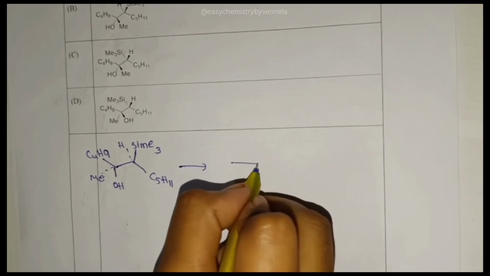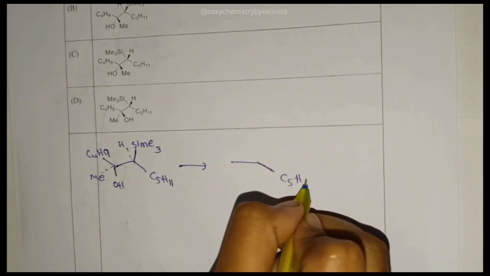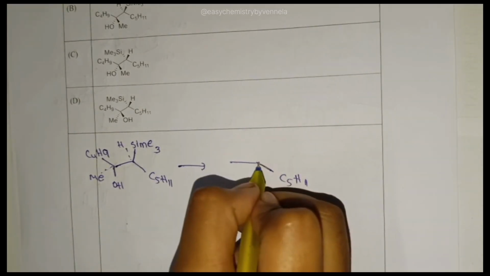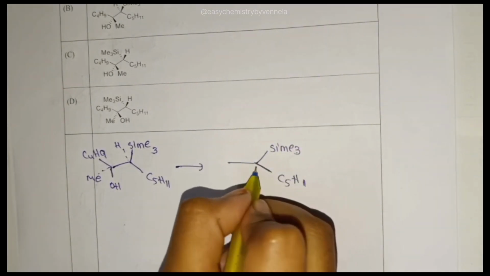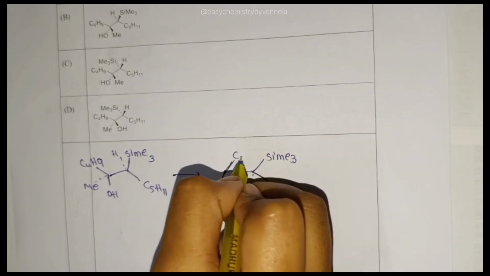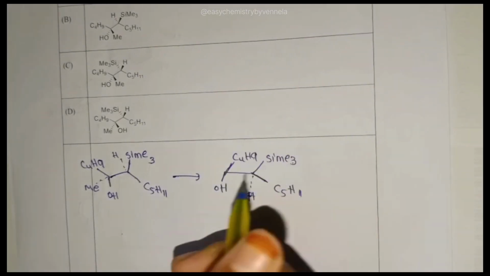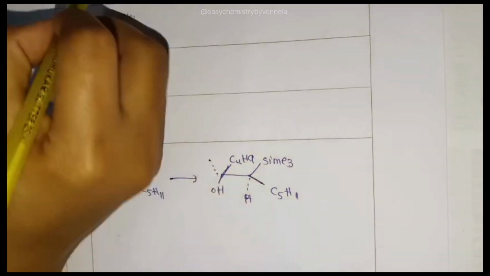It formed like this. C5H11, SiMe3. Here hydrogen. Next OH, C4H9. This is also correct option for this one.